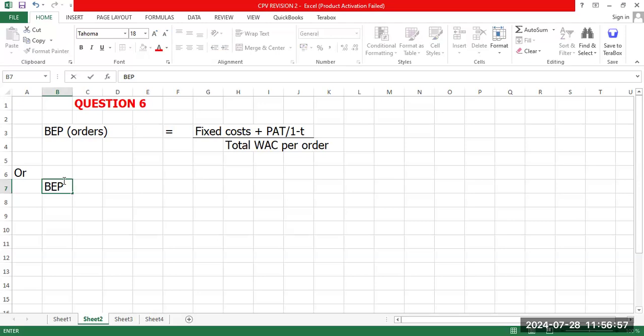Or we get the break-even point in shillings, the firm's break-even point, the company's break-even point. Then we equate it to fixed costs plus the part, profit after tax, divided by 1 minus tax.